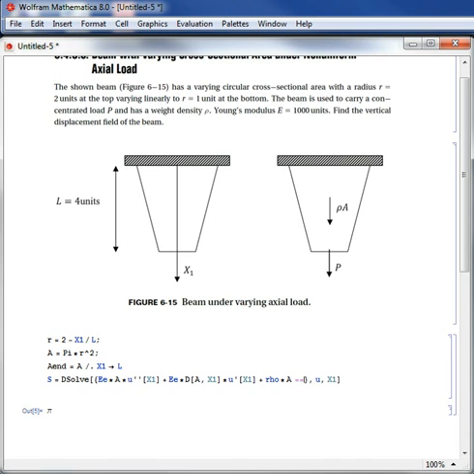This is equal to 0. So this is the differential equation of equilibrium.